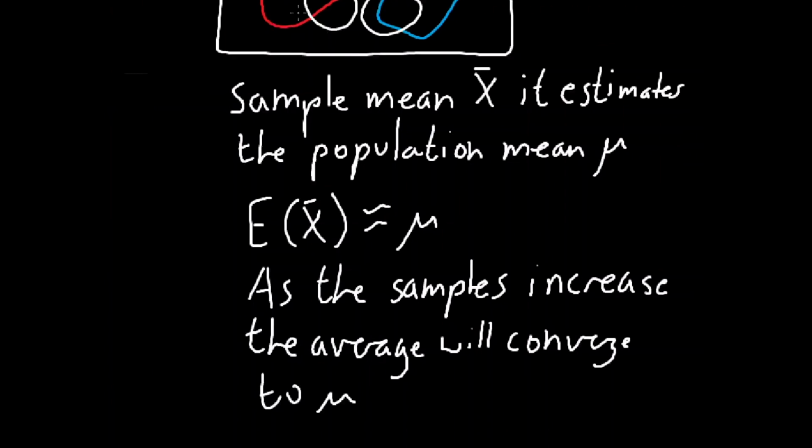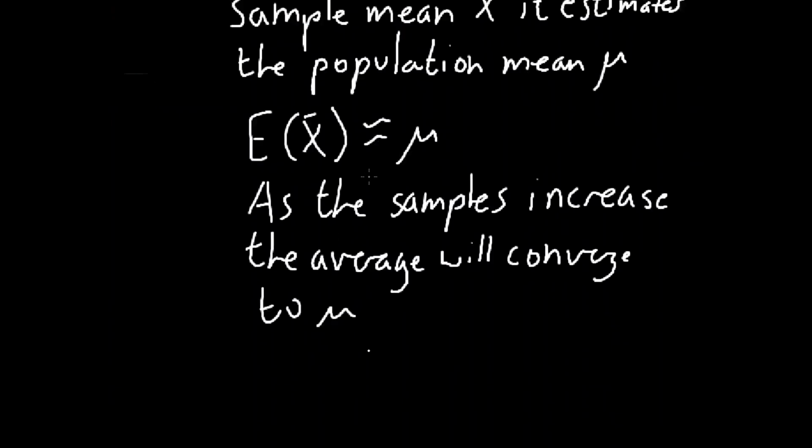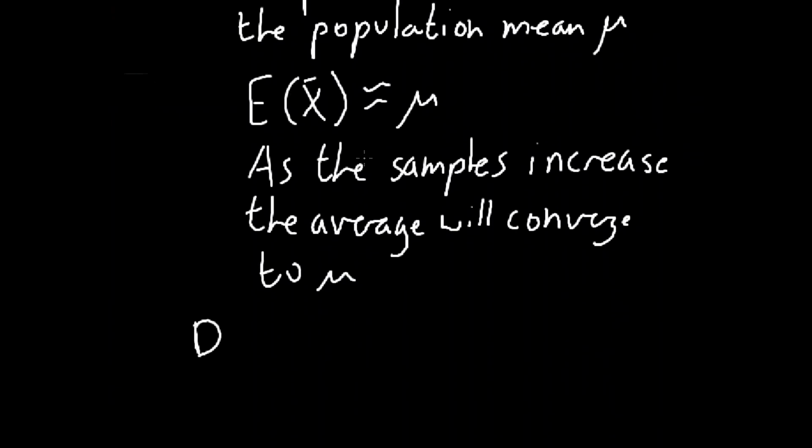So there's this thing called regression to the mean. And so as you take more and more samples, the average of it is more likely to be the mean. Okay, so that's part C. Let's go on to part D.